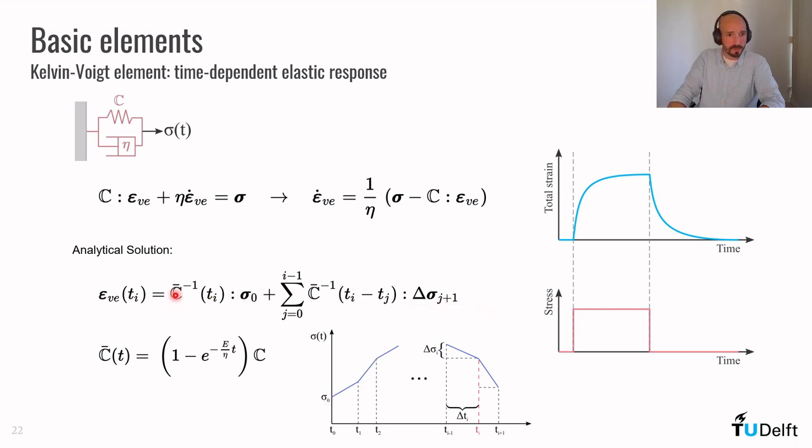So C bar is given by this expression. So we have 1 over 1 minus exponential of minus Young's modulus of this spring over the viscosity of this dashpot, times time, and everything multiplied by the stiffness matrix of this spring. This is what C bar is.